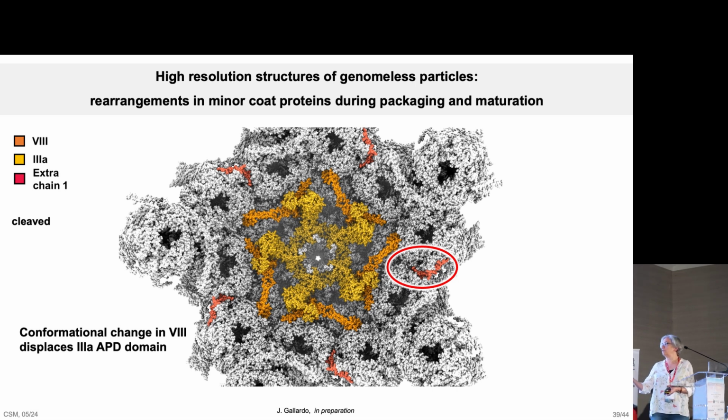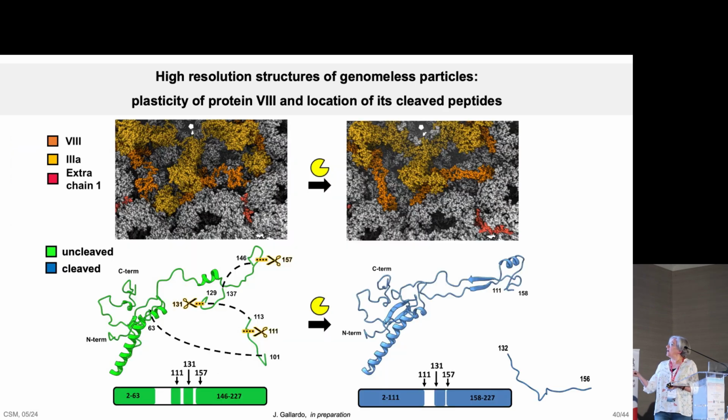So we no longer see it because now it's not ordered. And we also have this small thingy here that changes, and it turns out to be also part of protein 8. This is the change for protein 8 during maturation.